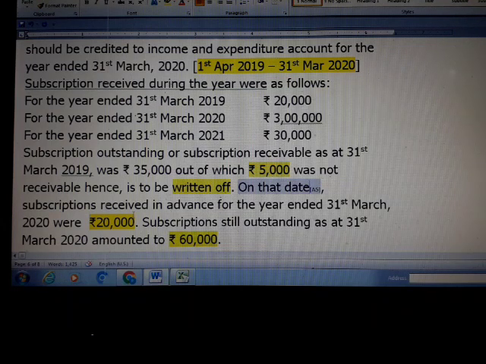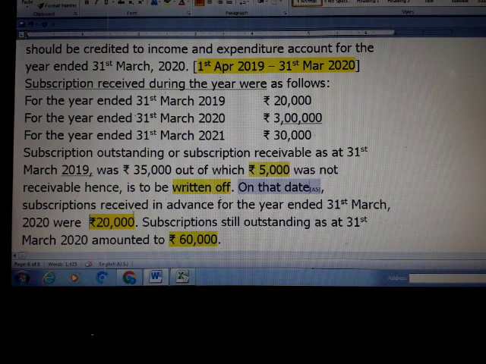So that we need to add. Able to understand? Right. So subscription still outstanding, that means it is still outstanding as at 31st March 2020, amounting to rupees how much? Rupees 60,000. So subscription still outstanding is 60,000.